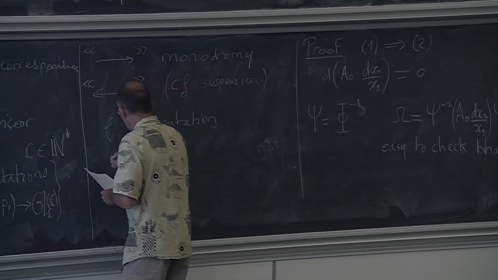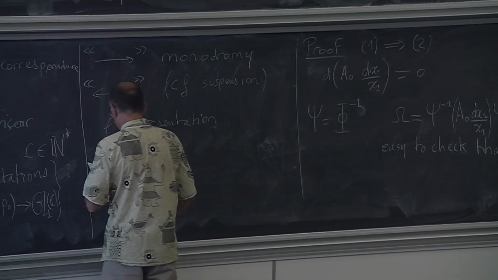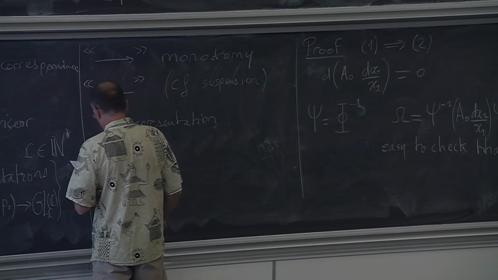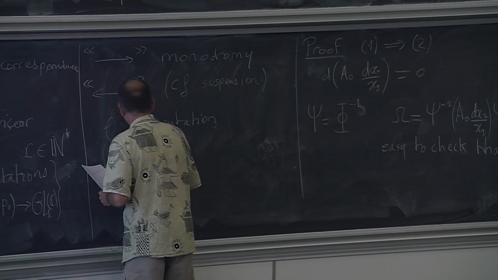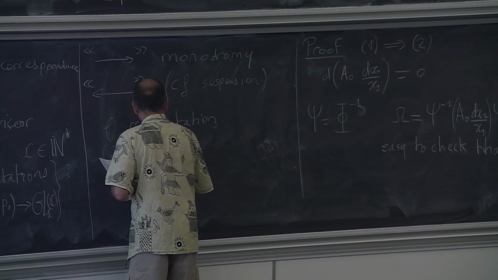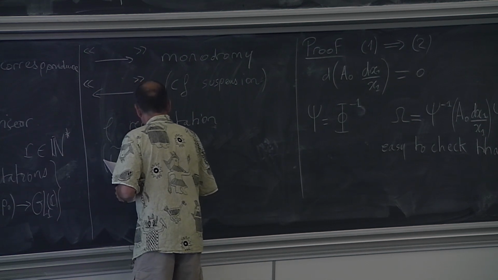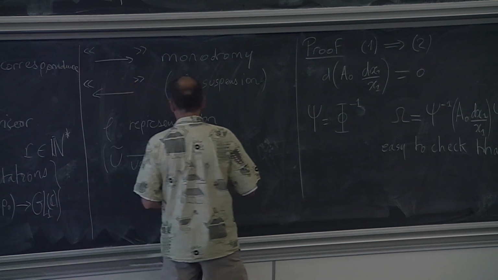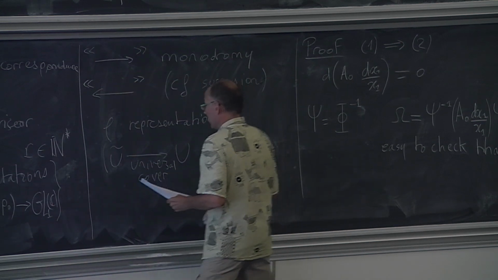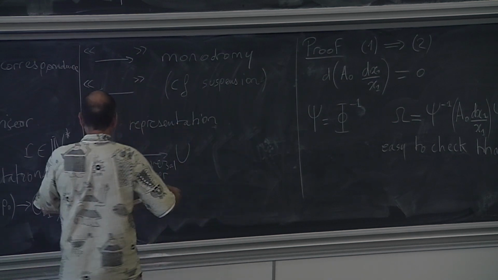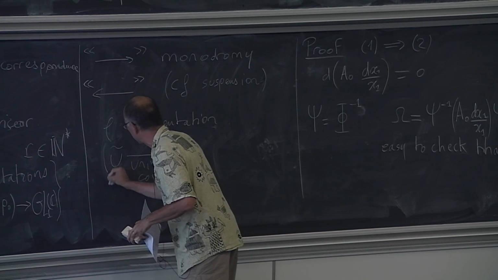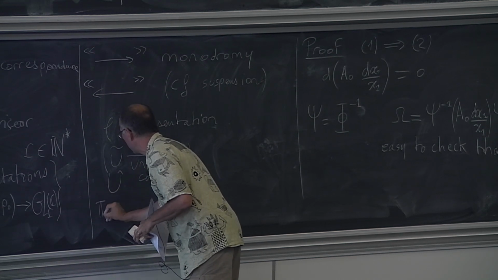For this, I take U tilde, which is the universal cover of U. I recall briefly the construction. On U tilde, you have the natural action of the fundamental group of U.